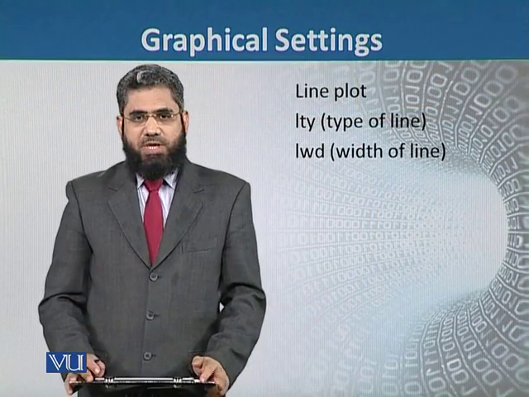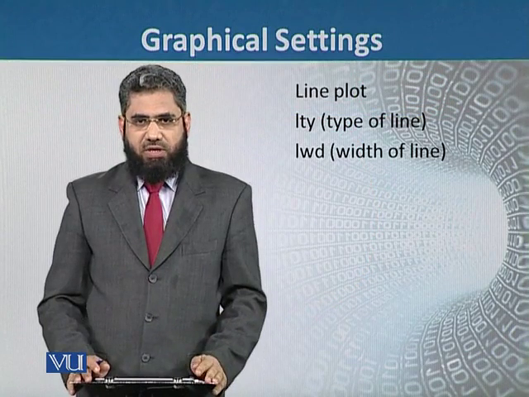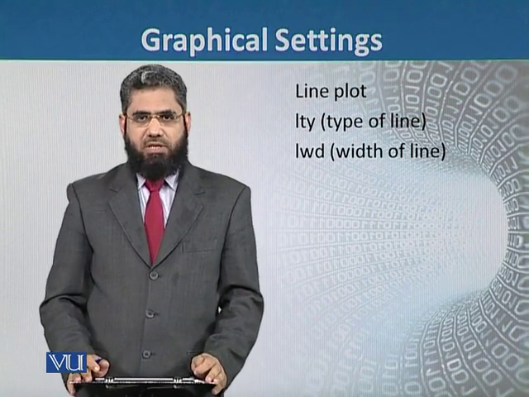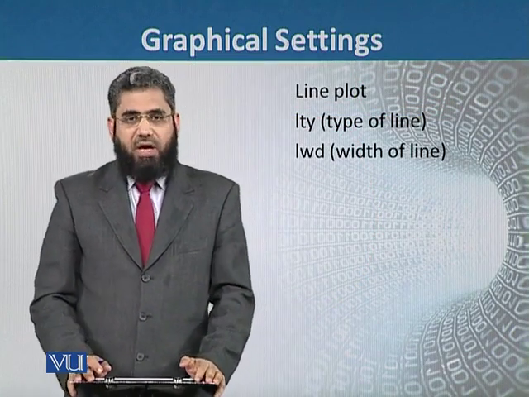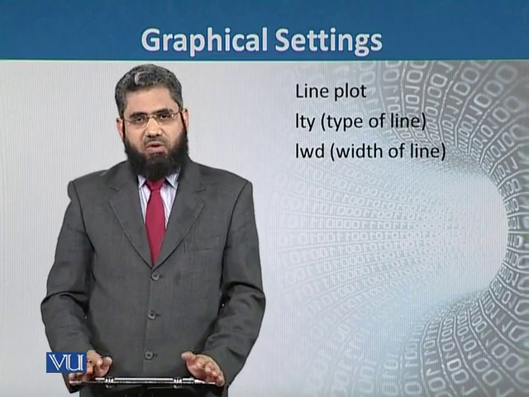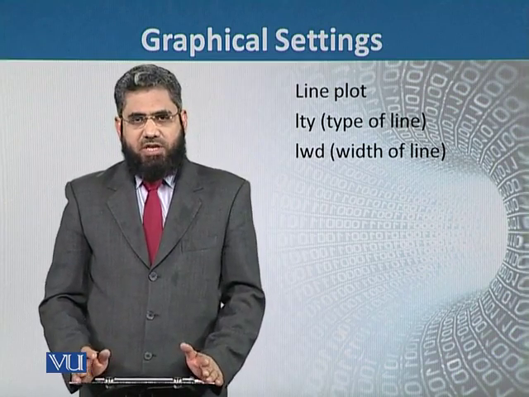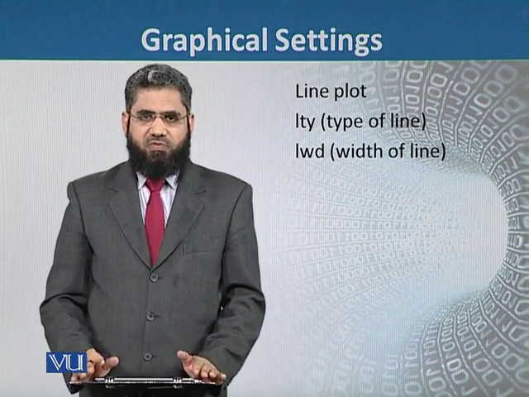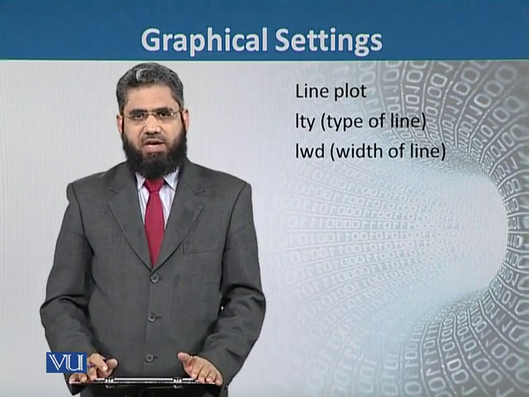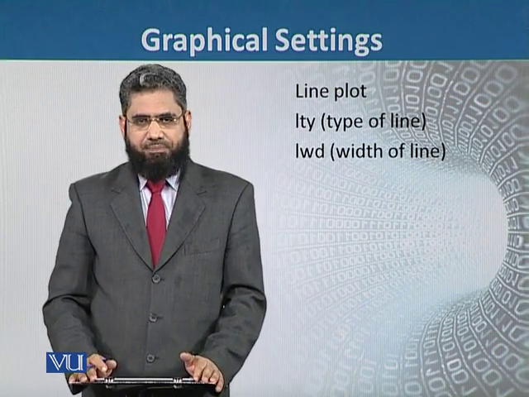We can also change the type of the plot in the R program, and we can change the settings of a particular type of plot that has already been generated.